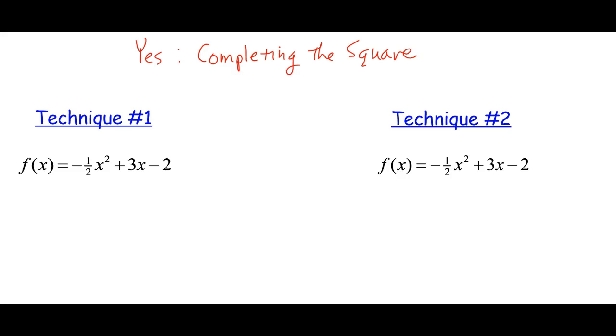And some students like working it one way. Some students like working it the other way. And it's not a clear majority where one of these techniques is much more popular than the other. It's like 60-40, almost 50-50. About 60% of people like technique number one and about 40% like technique number two. So I'm going to teach both techniques.